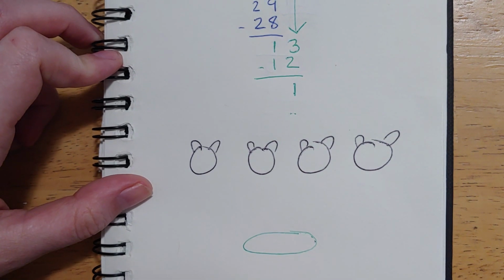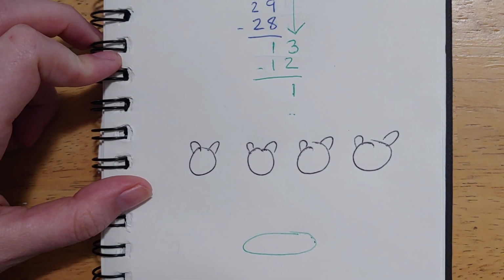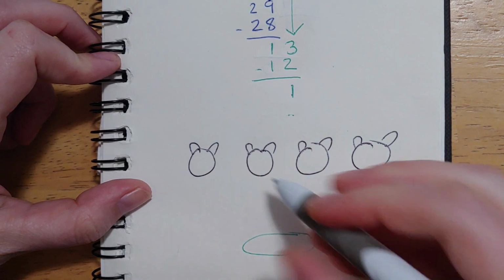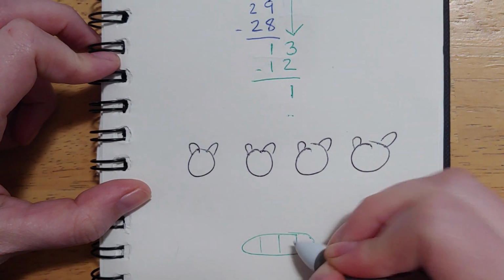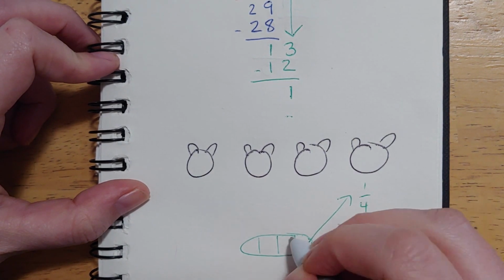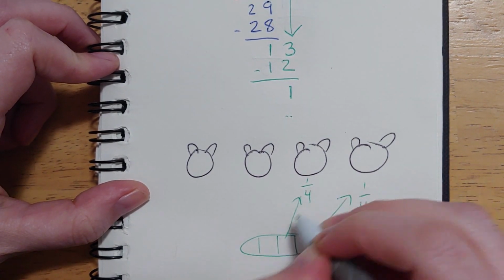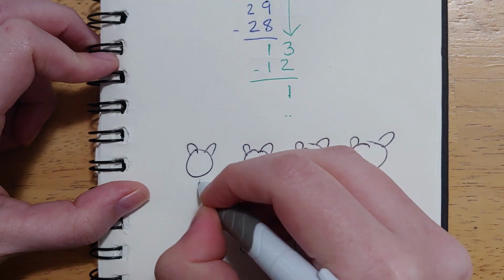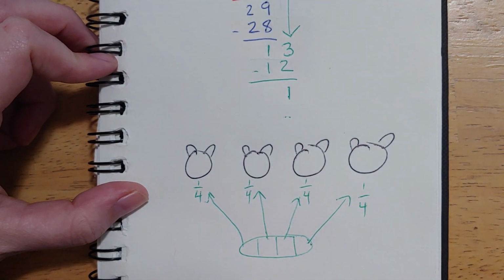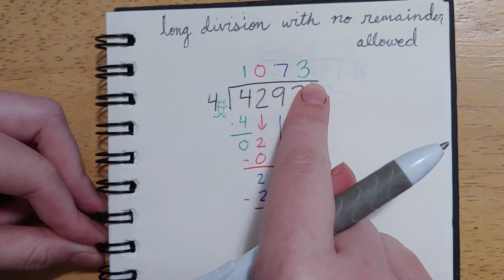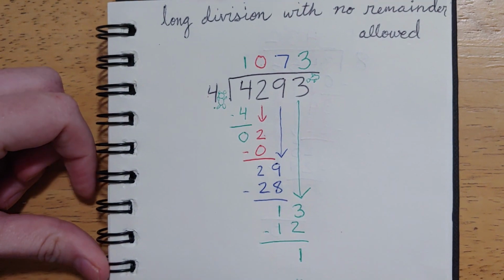How can we share that fish evenly? If you've worked with fractions, your brain is probably saying, well, they can each have 1/4 of the fish. This one would get 1/4. This one would get 1/4. This one would get 1/4. This one would get 1/4. So we kind of already know the answer. Each bear is going to get 1,073 and 1/4 fish.